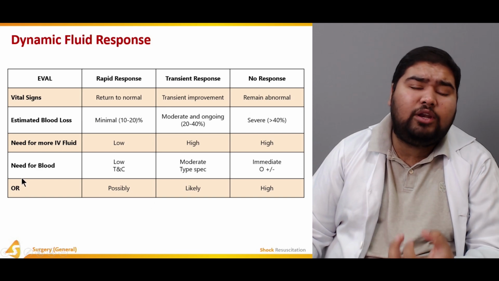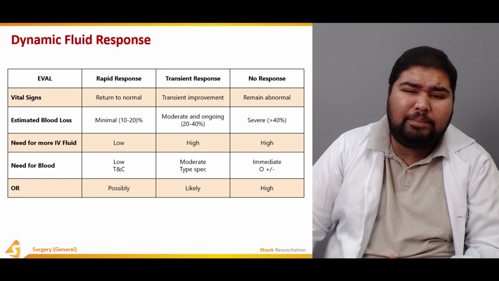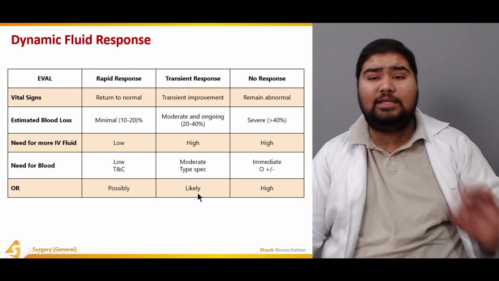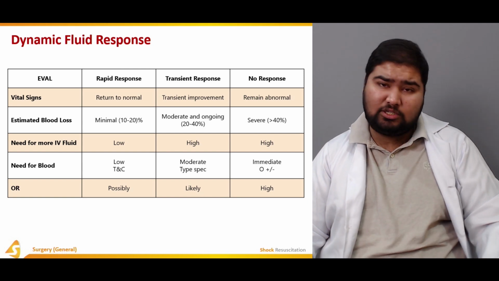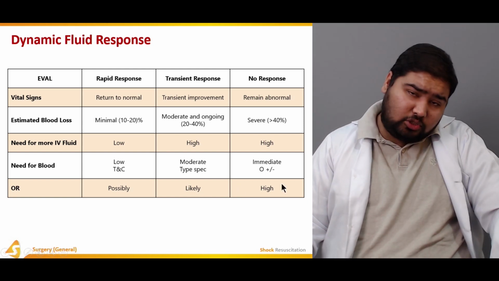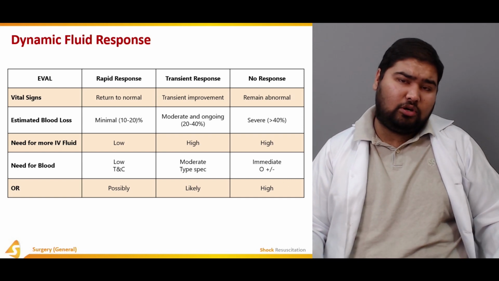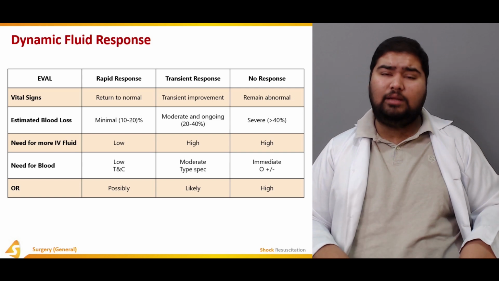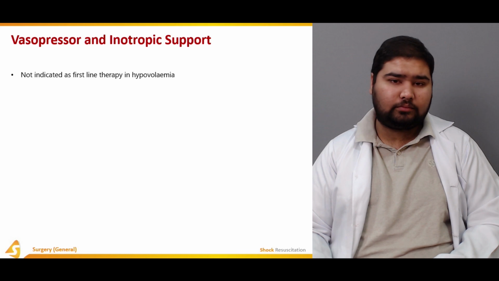Now, the need for an operating room, it's possible in rapid responders, it might be required. In transient responders, it's likely because they are bleeding from somewhere, there has to be control. In patients who are not responding, it's high because they need to go to the OR to control the bleeding and maybe save the life of the patient.